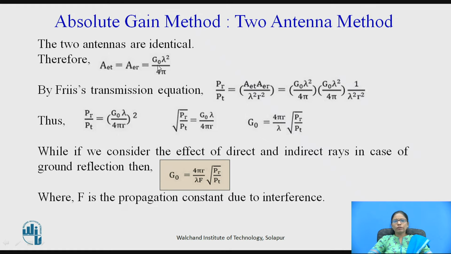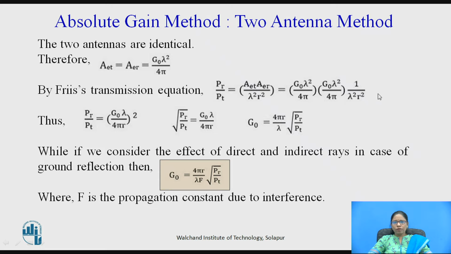The effective aperture formula is G naught lambda square by 4 pi. As we know, the Friis formula, the power received upon power transmitted, can be given as the product of the effective apertures of the transmitting and receiving antennas divided by lambda square into r square, where r is the distance between the transmitter and the receiver. If I substitute this effective aperture value in this equation, G naught lambda upon 4 pi comes twice, because of the effective apertures of the transmitter as well as the receiver.